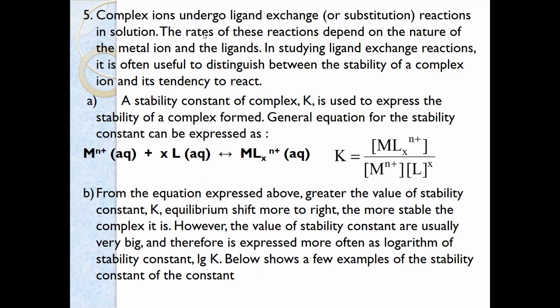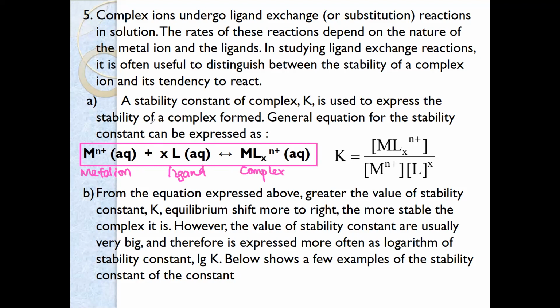So, in order to understand how stable a complex is, you have the stability constant. Let's say this is the equation you use to form complexes: M^n+ plus x L gives ML_x^n+, which is the complex. I repeat, this is the metal ion, this is the ligand, and this is the complex.